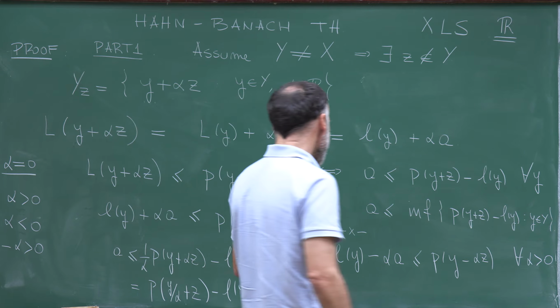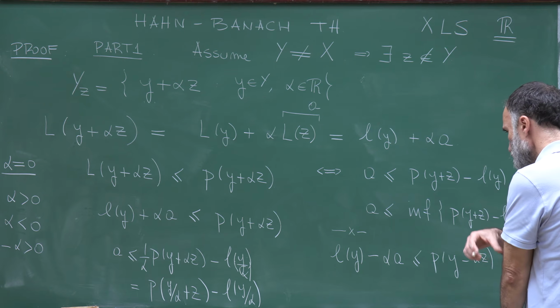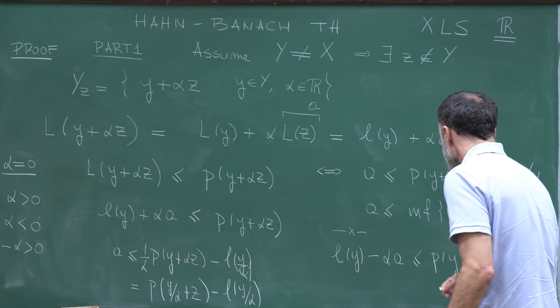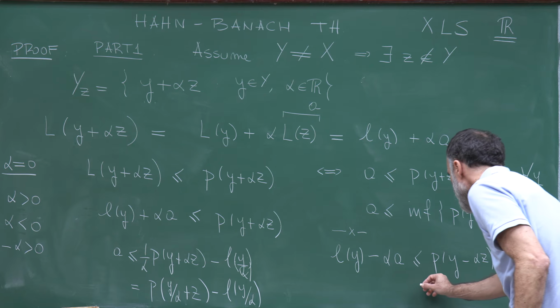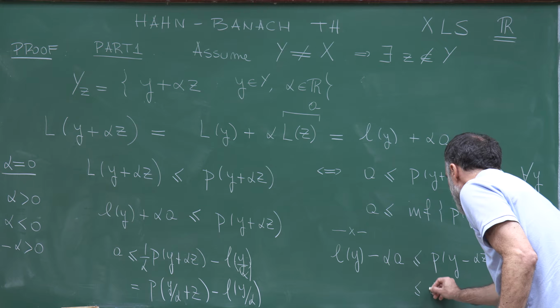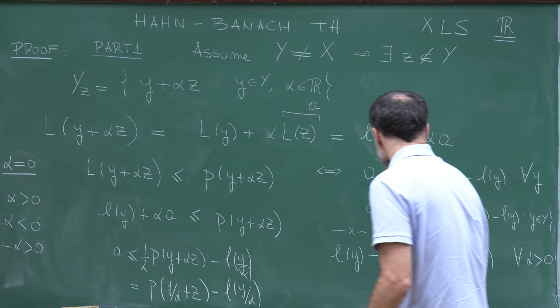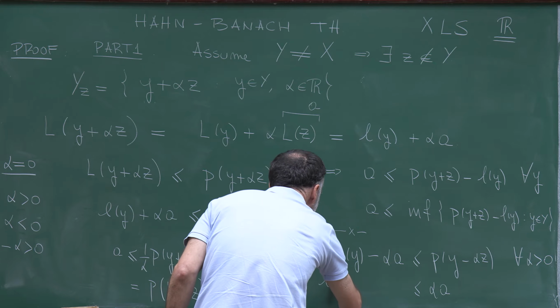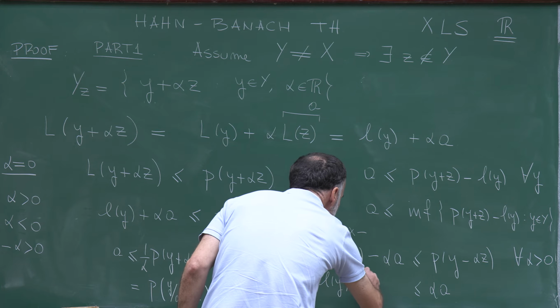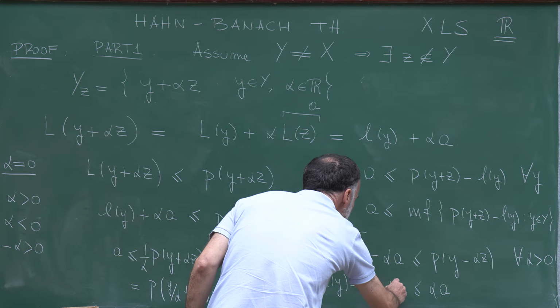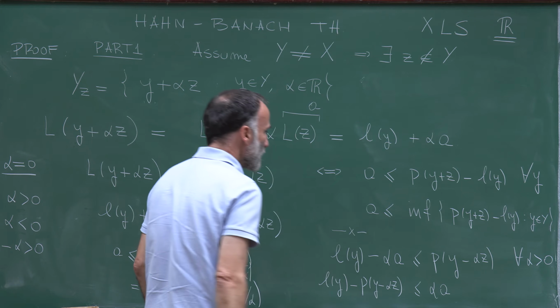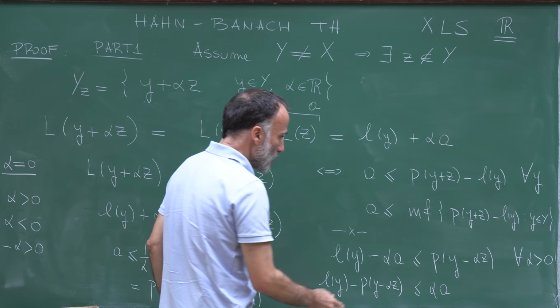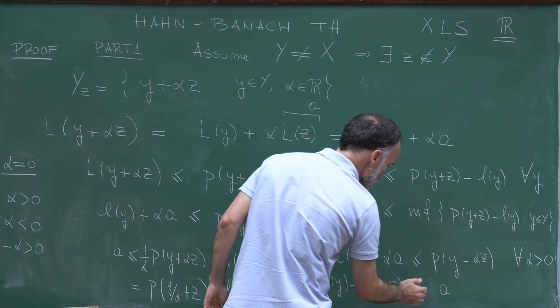Now I can repeat the same argument, and by placing minus alpha A on this side, I get that alpha A has to be larger or equal than Ly minus Py minus alpha z. I divided all terms by alpha.